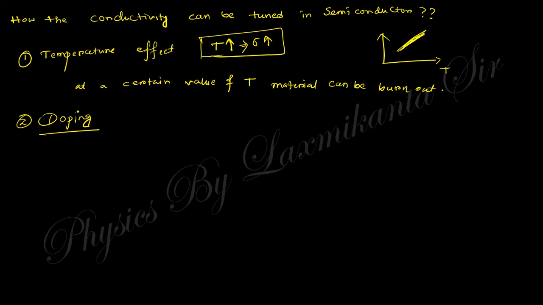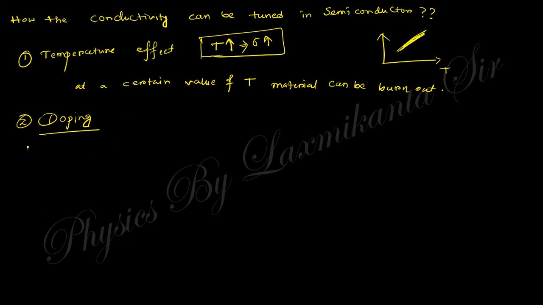So you need to know how this doping affects the conductivity of the semiconductor. Without doping, this is called intrinsic semiconductor, and with doping, this is called extrinsic semiconductor, because there is an external type of material doped or mixed in here.